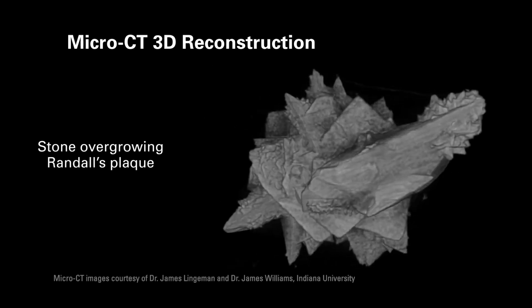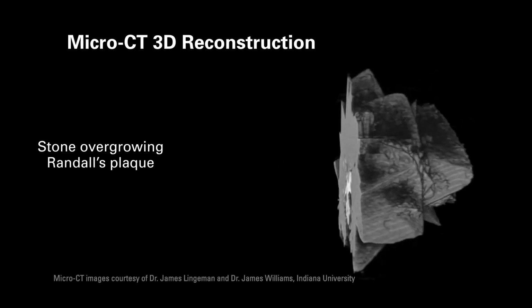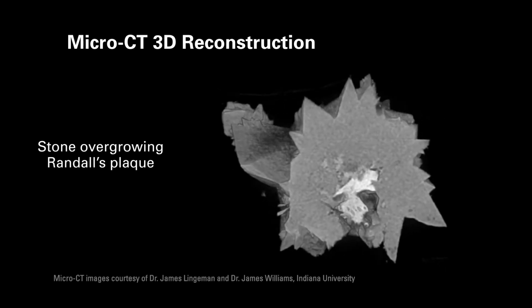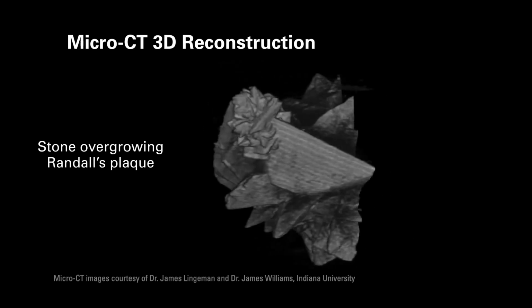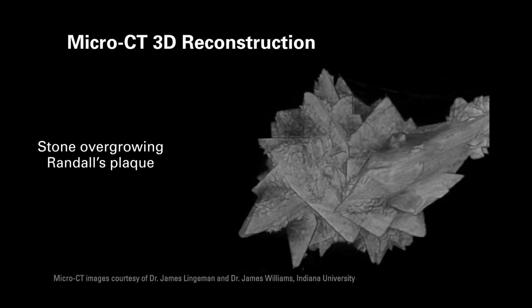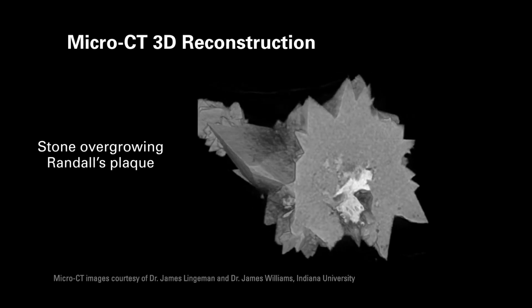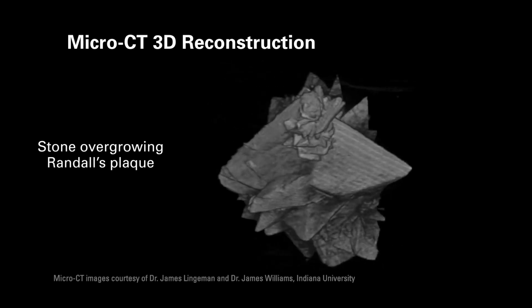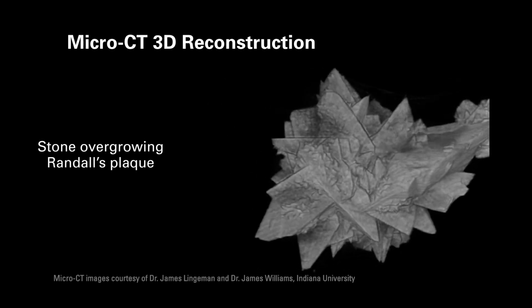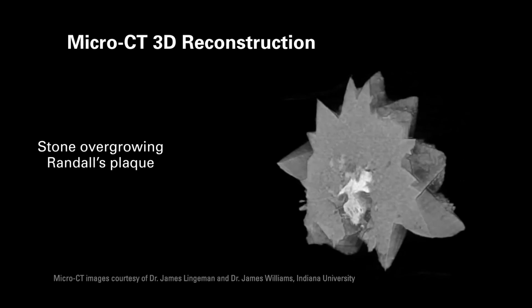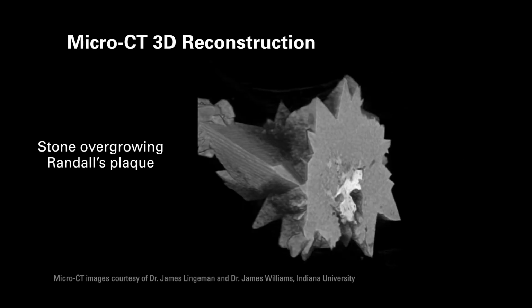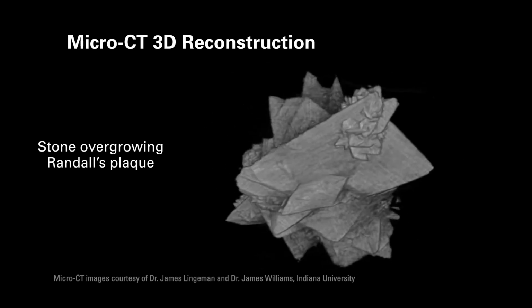So here you can see this is the plaque, and the plaque tends to be calcium phosphate, which is a brighter mineral on micro CT than calcium oxalate, which is this darker gray. And you can see how the plaque is basically the stem or the anchor of the kidney stone, and once it eroded or got exposed to the urinary space, calcium oxalate grew on it, and that's what led to the stone forming in the first place.